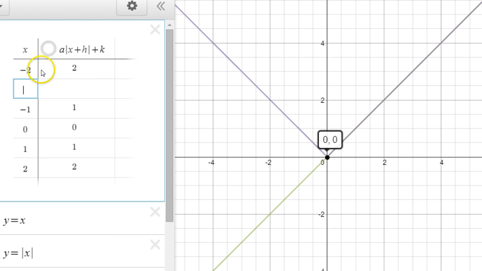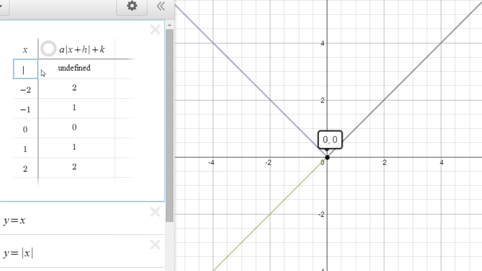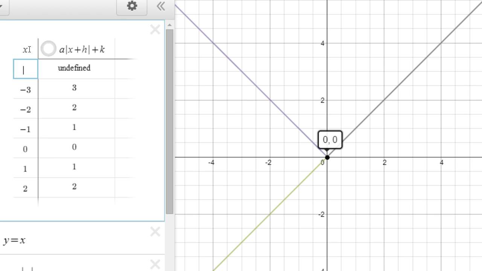If we press enter and we put in -3, we should get out -3, but we get +3. If we plug in a -4, we should get out a -4, but we get a +4. So that's some interesting stuff to see. No matter what I plug in, I'm going to get the positive version.